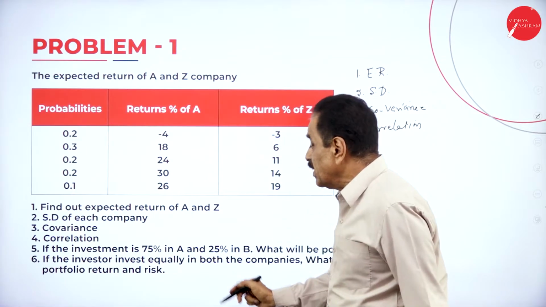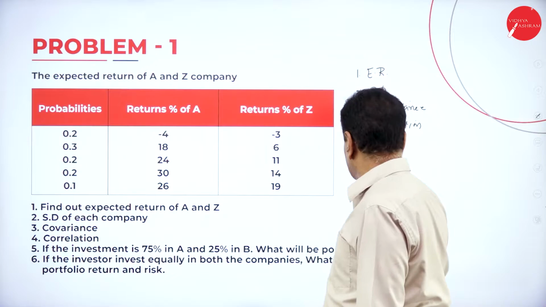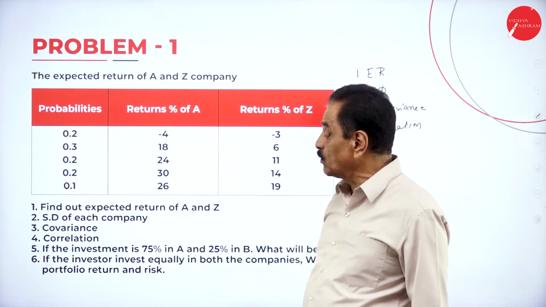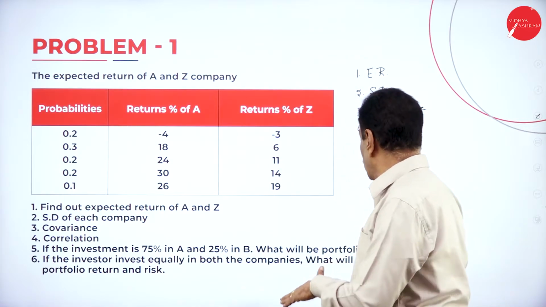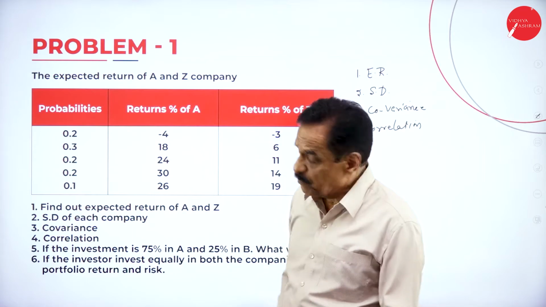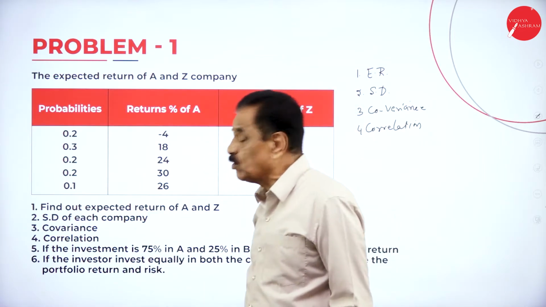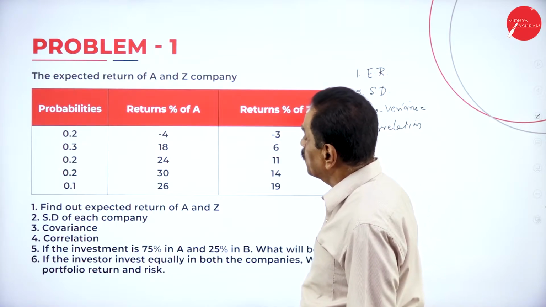Then if the investment is 75% in A, 25% in B, what would be the portfolio return? Risk on portfolio they ask. If the investor invests equally in both the companies, what will be the portfolio return and risk? So they ask both expected return and portfolio return also. We'll go slowly, one by one now.